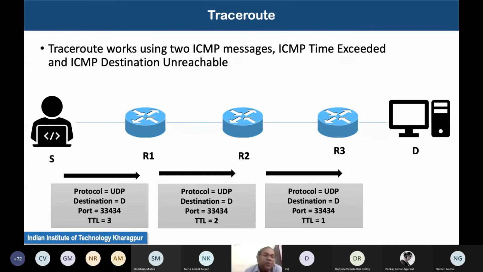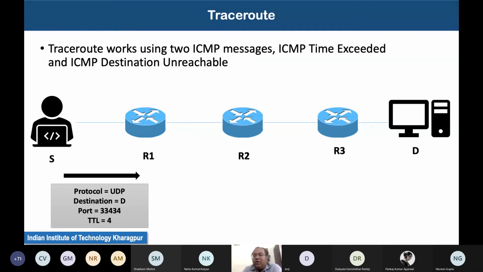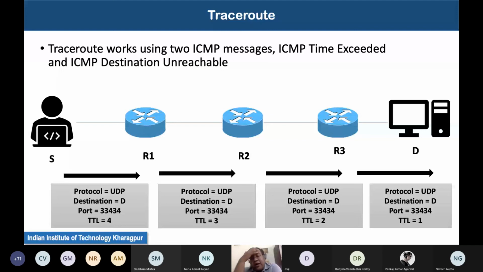Now you put TTL equal to 4, so it will reach D. But whenever it reaches D, it will see that this particular port is not running any UDP server, because you have just sent a random UDP packet, right? You do not know whether a UDP server is running on that particular port or not.